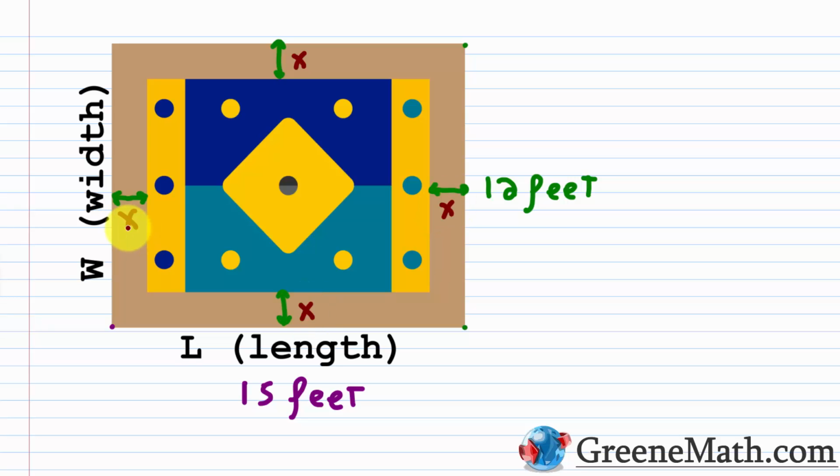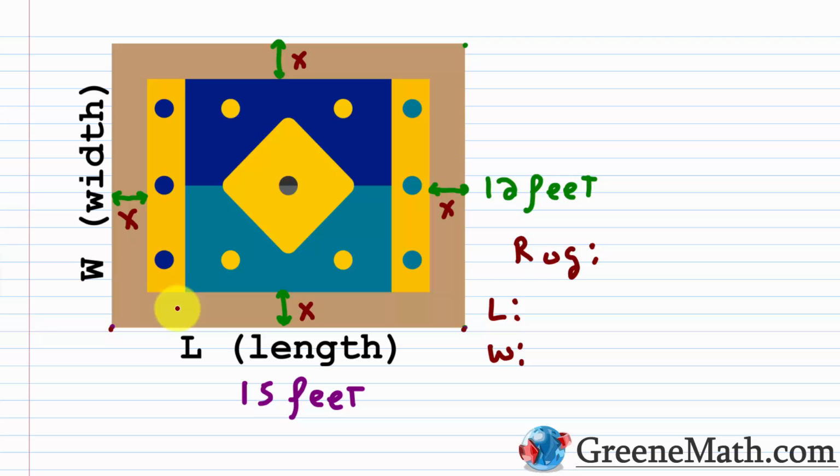Given the information that we have now, can you see how you would set up and find the dimensions of the rug? For the rug, we want to know what's the length and what's the width. For the length, I know the length of the bedroom is given to me, it's 15 feet, so that's from here to here.